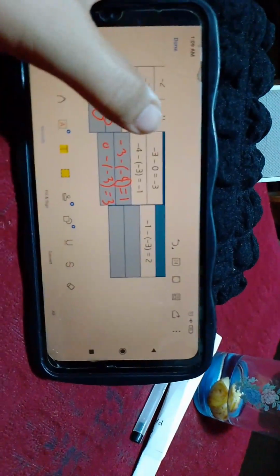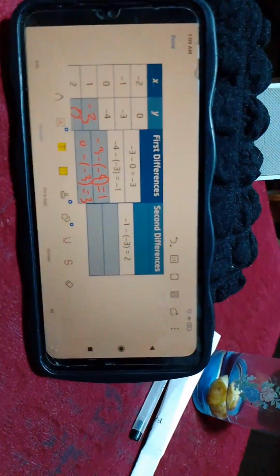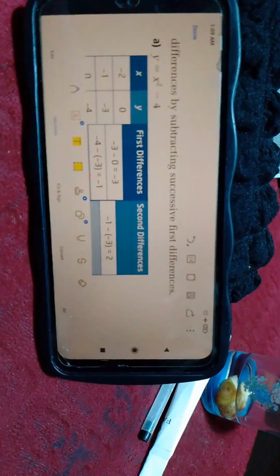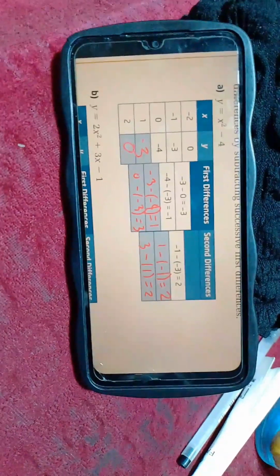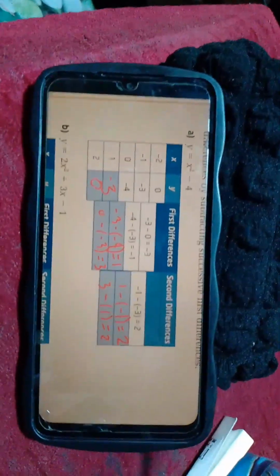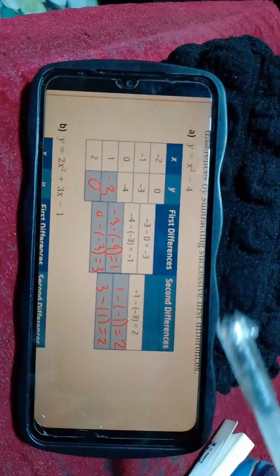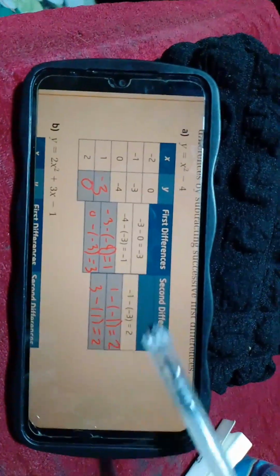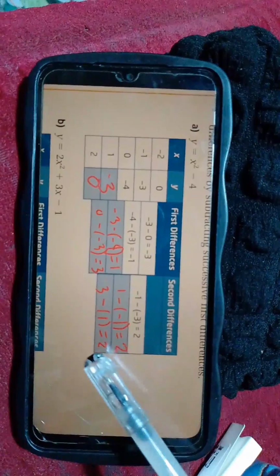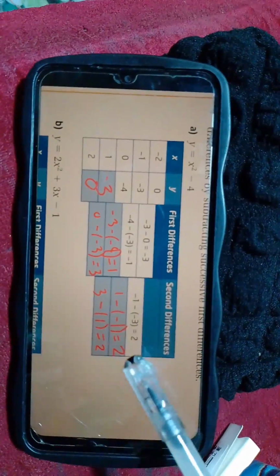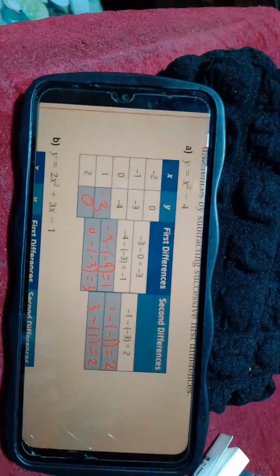So we're going to compute the second differences for the quadratic relation. The second differences are already equal.